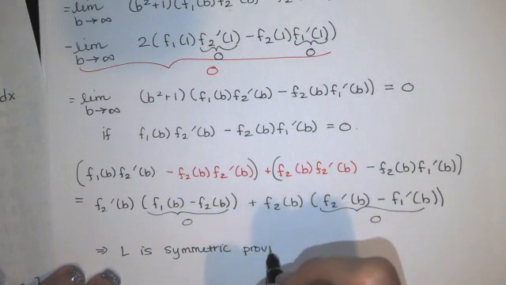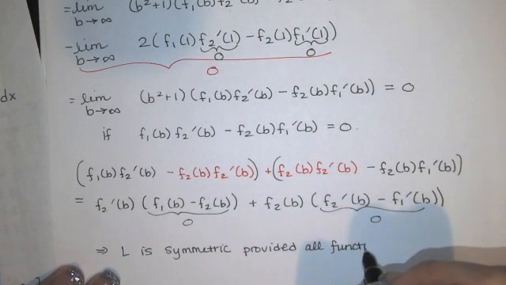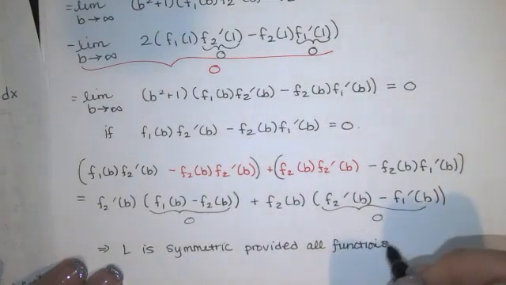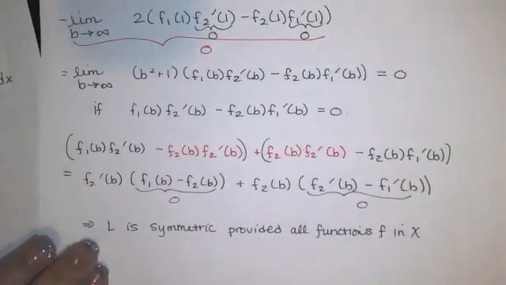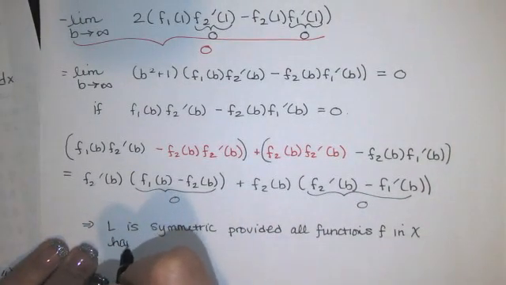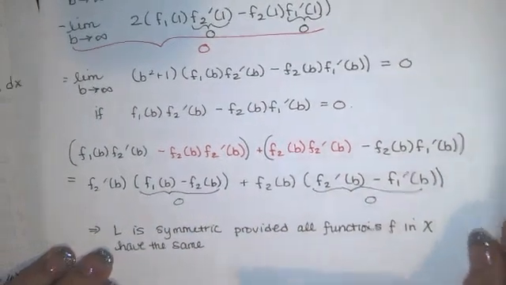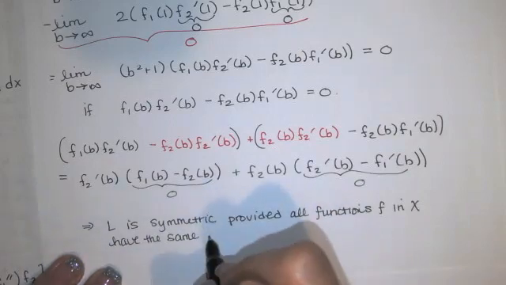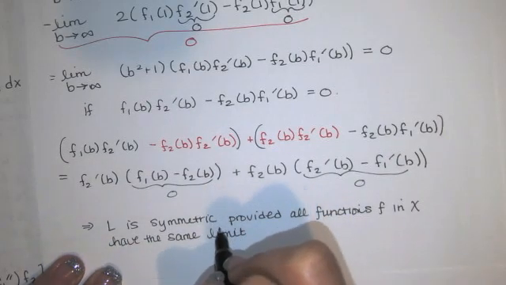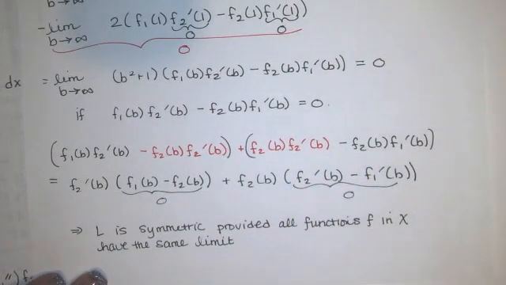Excuse me, provided all functions f in chi have the same, let's say limit rather than saying bound, because we can bound functions in lots of ways. We're interested in the smallest one.